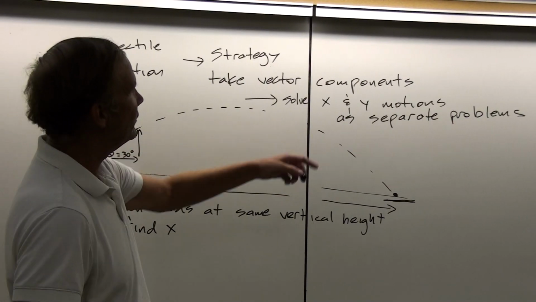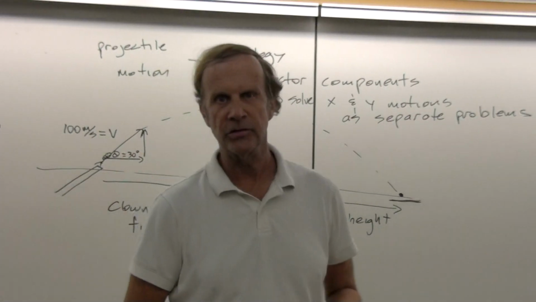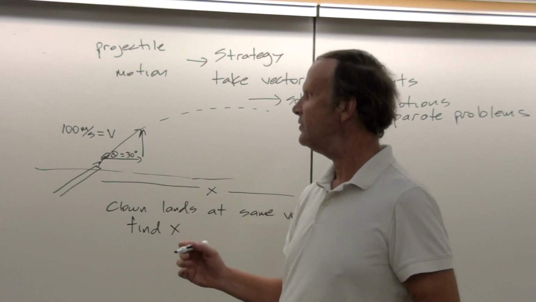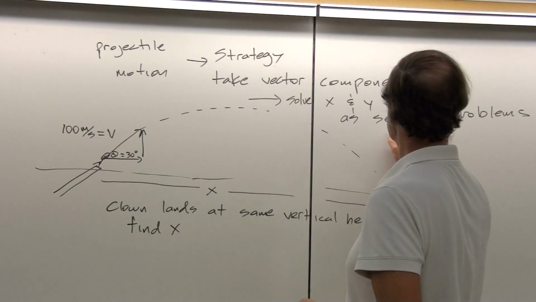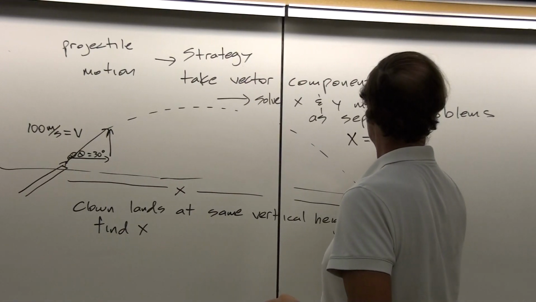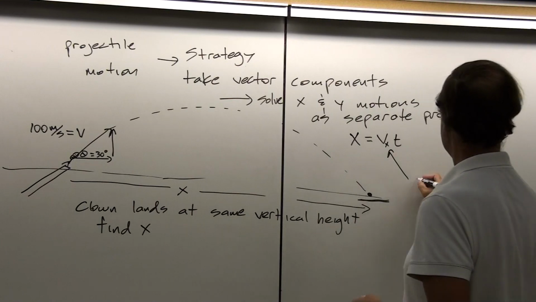So in solving the x and the y motions, the thing that separates the x motions from the y motions is the fact that in the x direction there's no acceleration. So we can just say that x equals vx times t, where vx is the x component of the velocity.